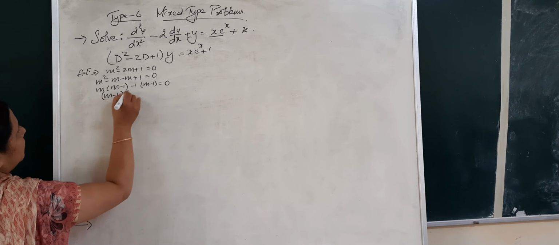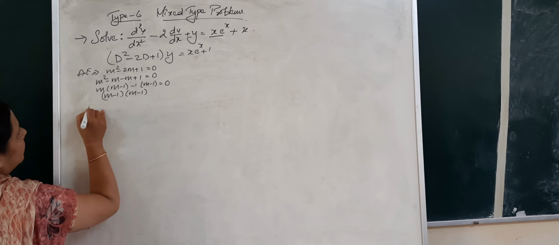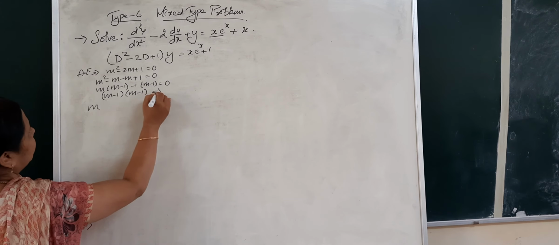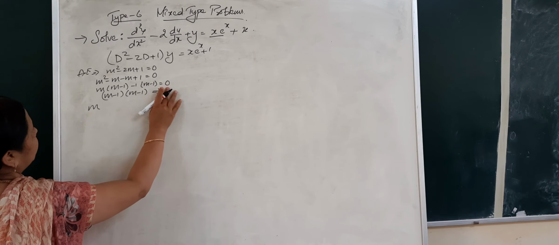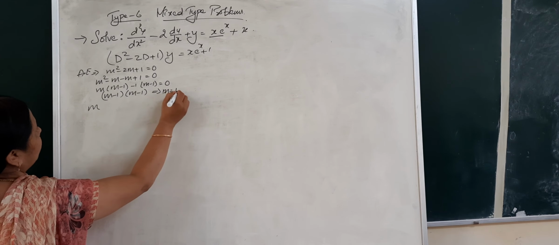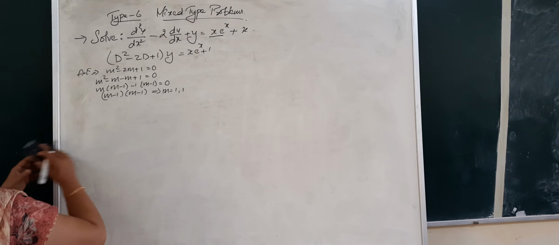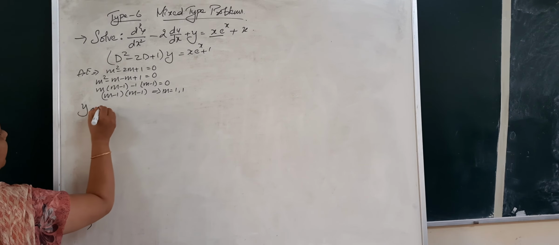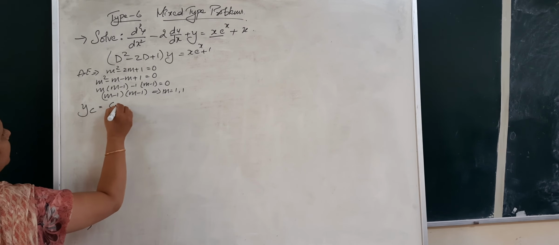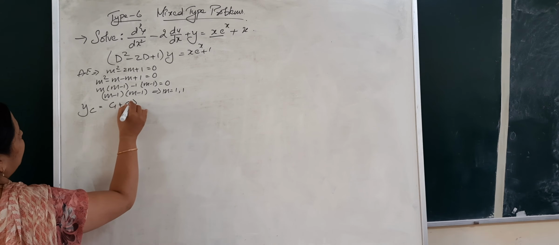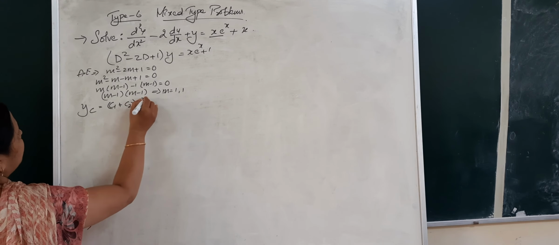So you get the repeated roots. So let's write the complementary function given by yc is equal to c1 plus c2 x into e raised to x.